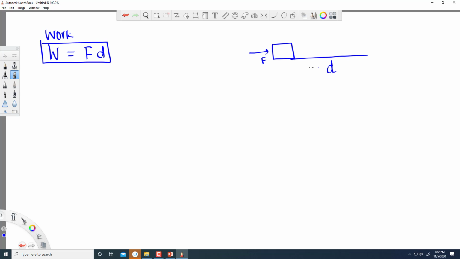Okay, the force does the work when it displaces the object. If it doesn't displace the object, then the force doesn't do any work. If you push a wall by applying 1000 Newton force, and if the wall doesn't move, then there's no work. Okay, work is 0. So in order for you to do the work, you need to displace the object by applying the force.